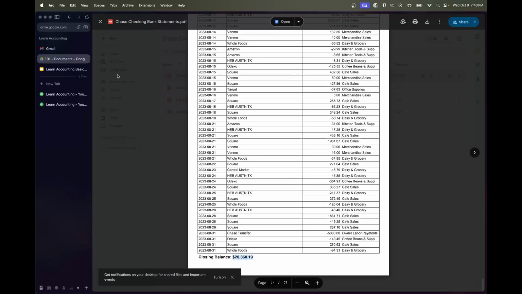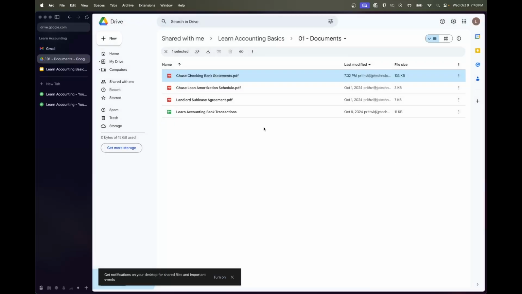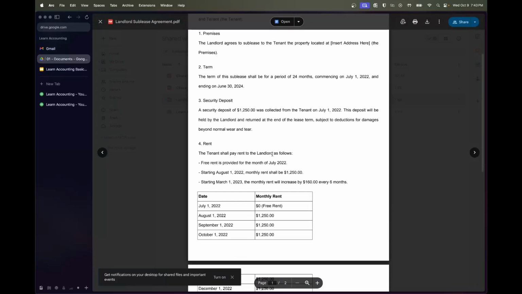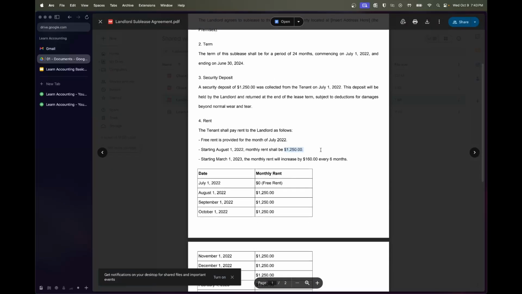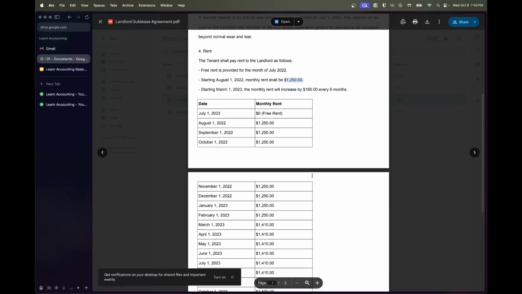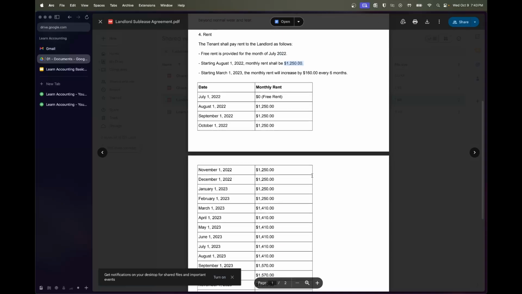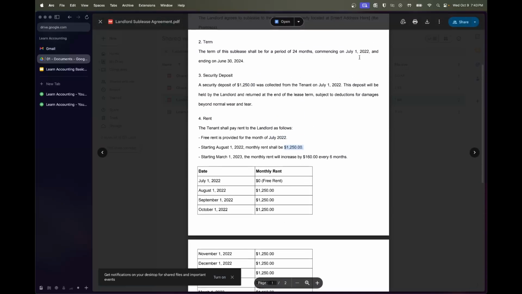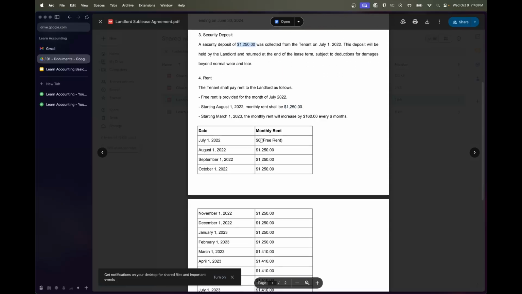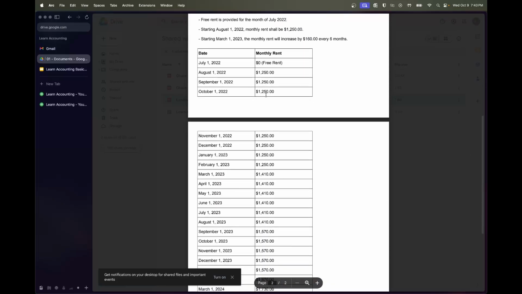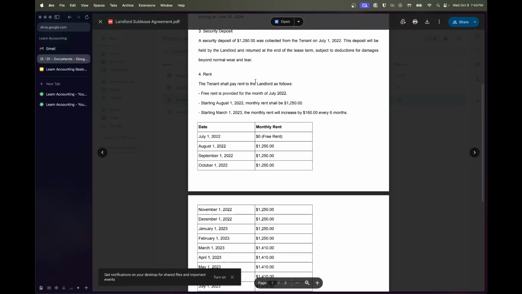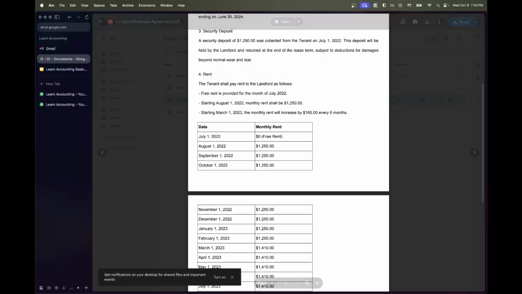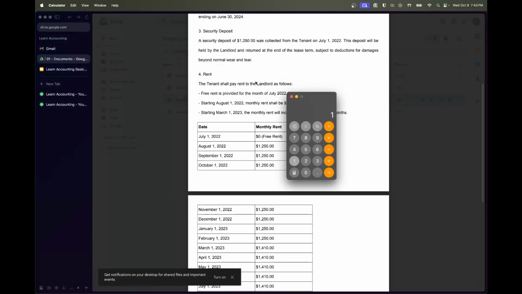So if we really wanted to, we can go to our lease schedule and calculate. We know 101,250 is the base rent, and we have our rent table here. We know we have a 1,250 security deposit, right? So we have one, two, three, four, five, six, seven, eight payments of 1,250.